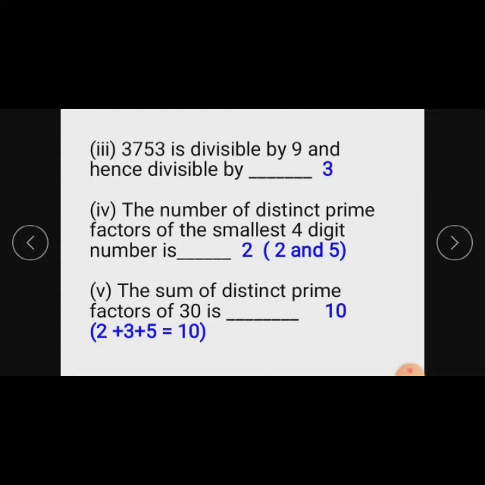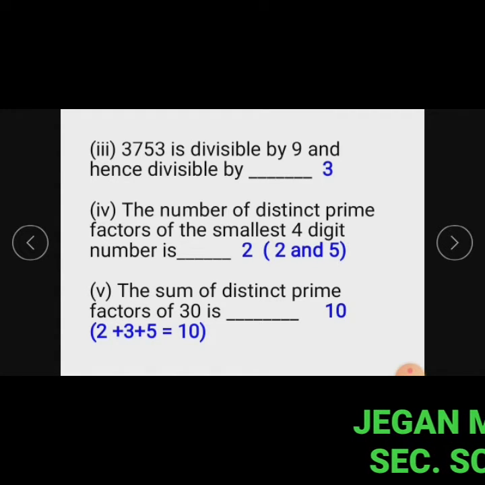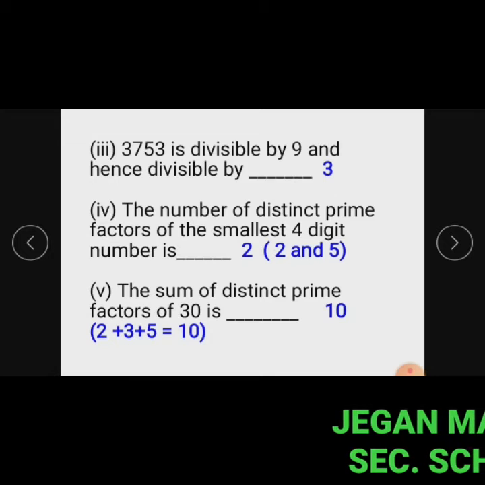Subdivision 4. The number of distinct prime factors of the smallest 4-digit number is dash. The answer is 2. Smallest 4-digit number is 1000.